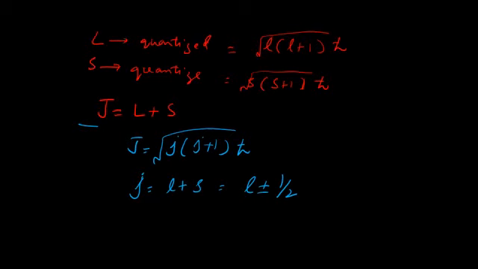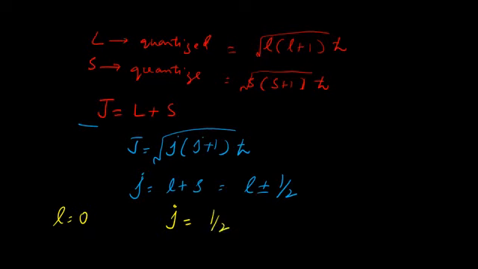Let's suppose we have the s orbital, for which L is equal to 0. When L is equal to 0, J has only a single value, which is 1 by 2.